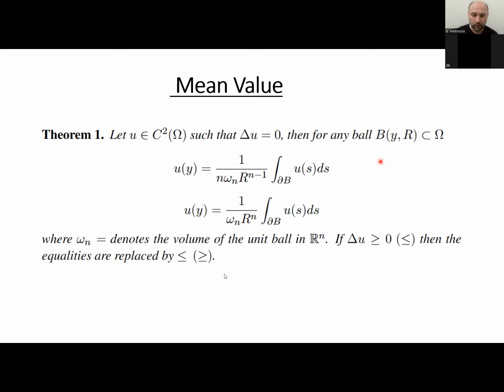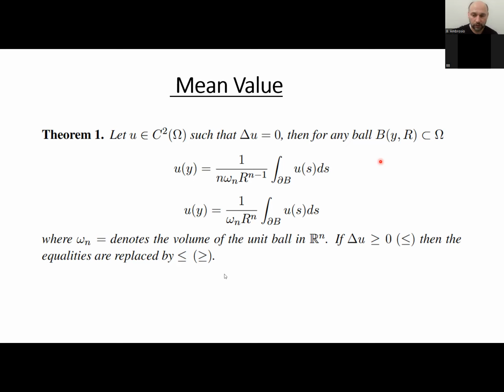All right, so the last result that we are going to prove today is the Harnack inequality. So we assume that omega prime is a bounded domain strictly included in omega, and that U is a non-negative function, and it's harmonic.